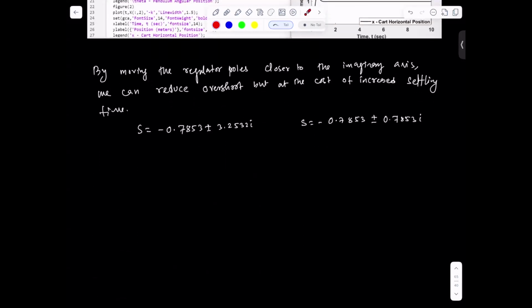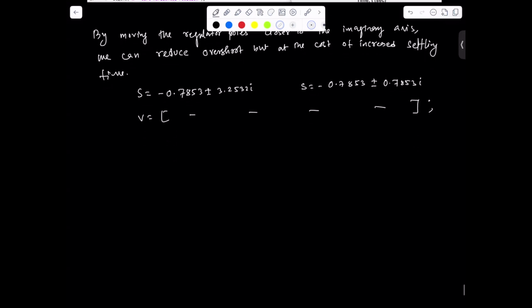And if you again do the command, we can find the V matrix. We can place all four poles, these plus-minus pairs, in the V matrix.